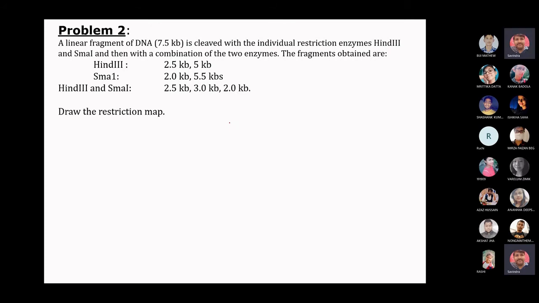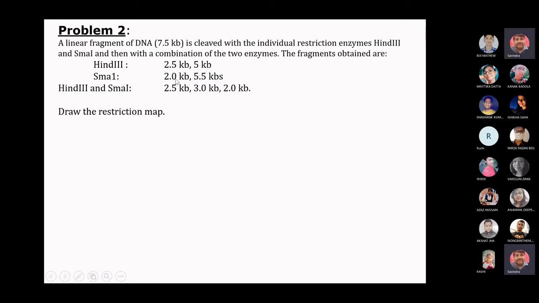A linear fragment of DNA of 7.5 kilobase pair is cleaved with the individual restriction enzyme HINT3 and SMAW1, and then with the combination of the two enzymes. As I told you, first we have to digest it by individual enzymes. So HINT3 is giving two fragment, 2.5 kb and 5 kb.